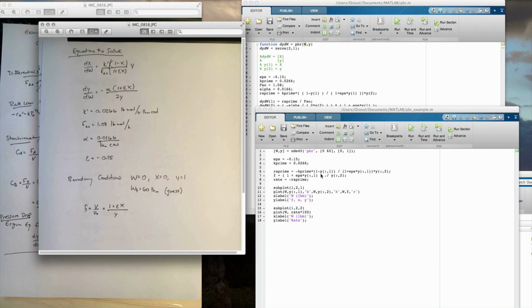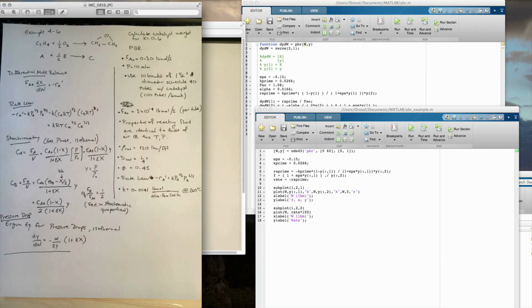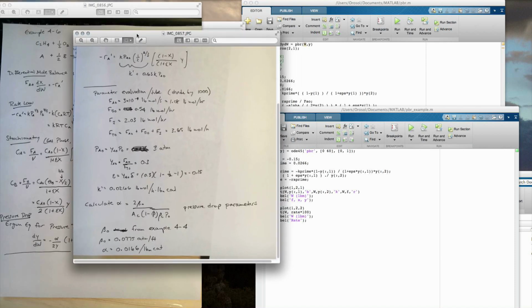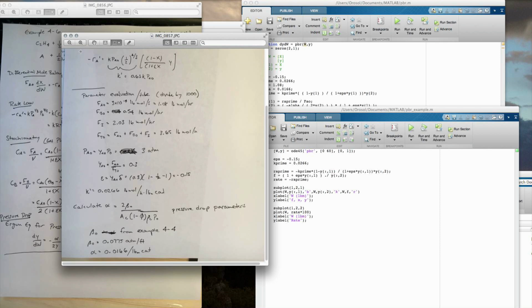And so I just want to show you real quick the way you would reference what you get back. So for instance, RA prime, this is the equation that we have here.